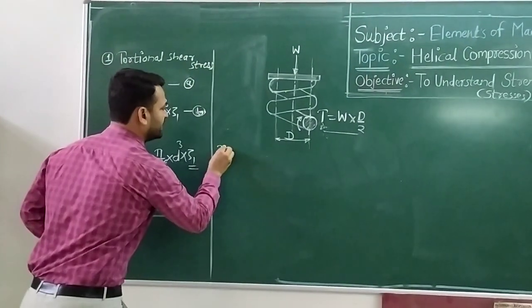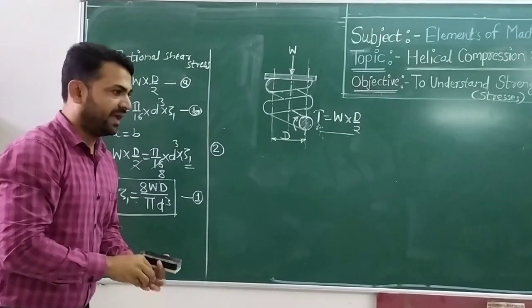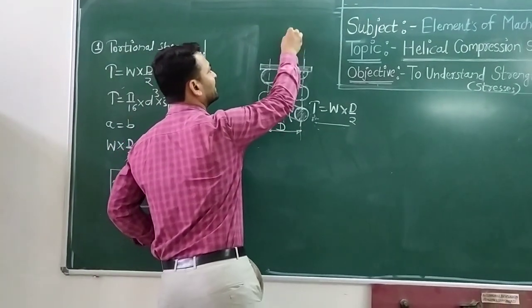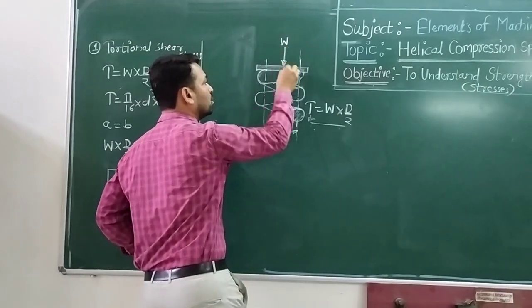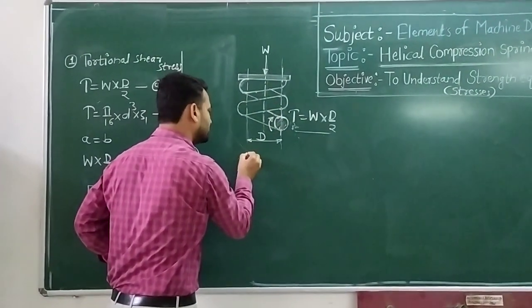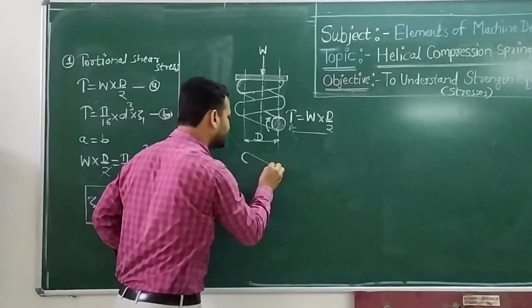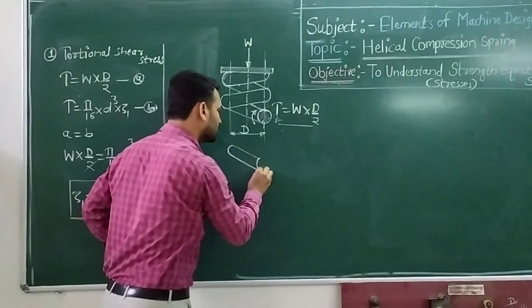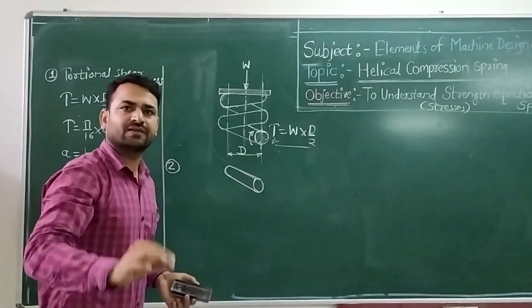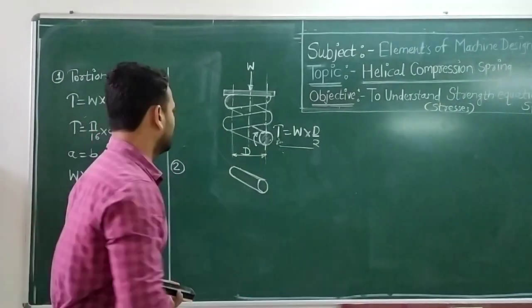Now the second stress that we have to consider. Whenever the spring is directly loaded, if I draw a turn, it is a circular member, circular in cross section.